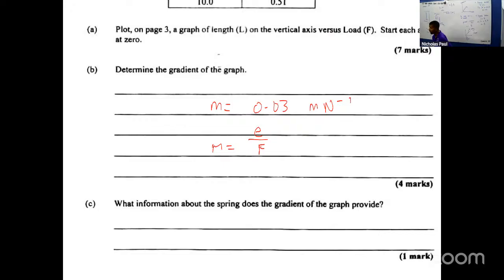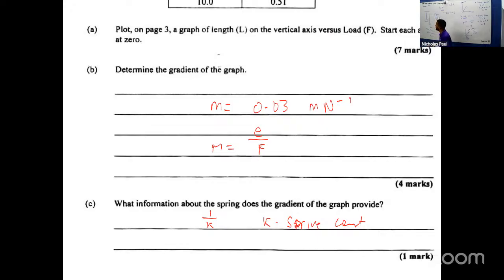The gradient is 1 over K, where K is your spring constant. So the gradient of the graph provides 1 over the spring constant. Write that down. Part C.